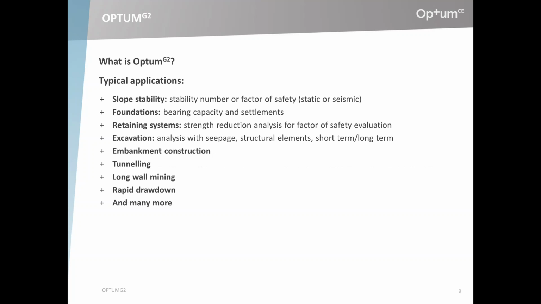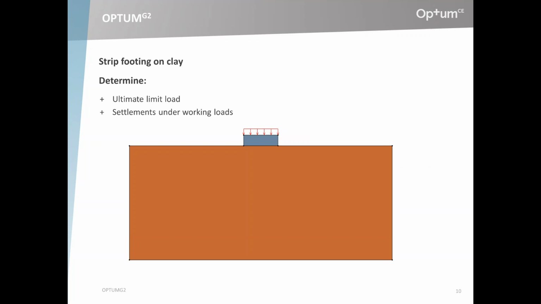Typical applications, that's all the typical applications you can think of in geotechnics: slope stability, foundations, retaining systems, excavations, and so forth. And I have a few of them coming up right now. The first one, a strip footing on clay, a very classical example.